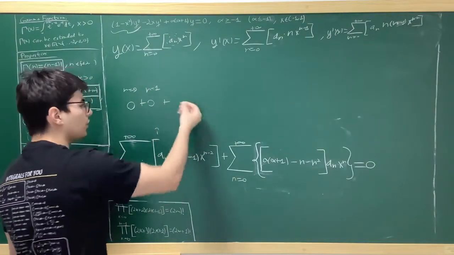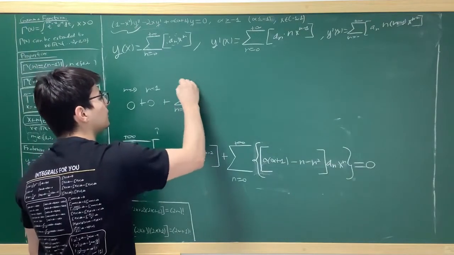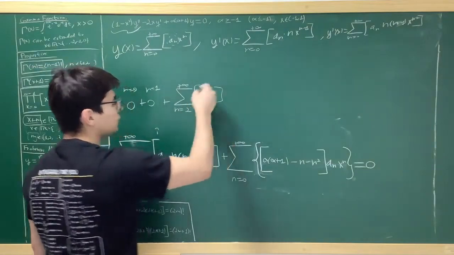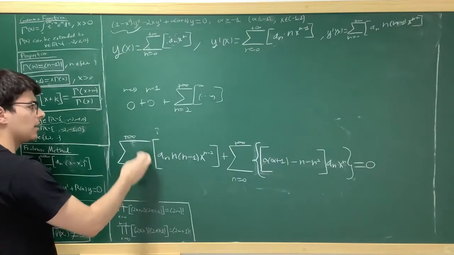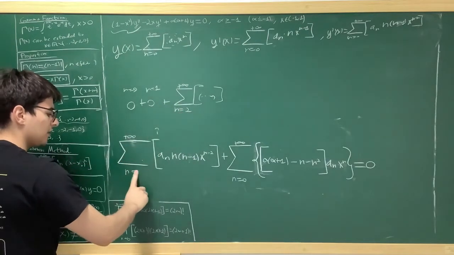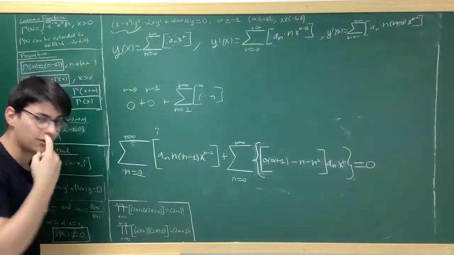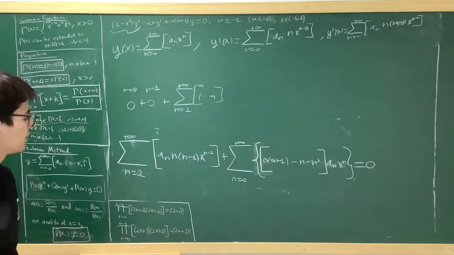When n equals 2, we just get the same sum going from n equals 2 to positive infinity of the inside. This is no longer 0. So this is the same as this, but this is 0, so really n can go from 2 to positive infinity and nothing changes. What we can do here is a change of index.